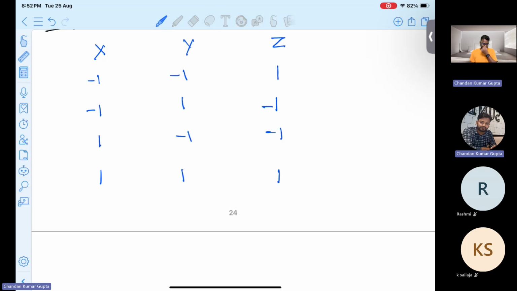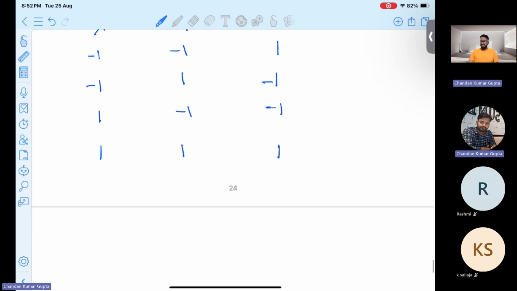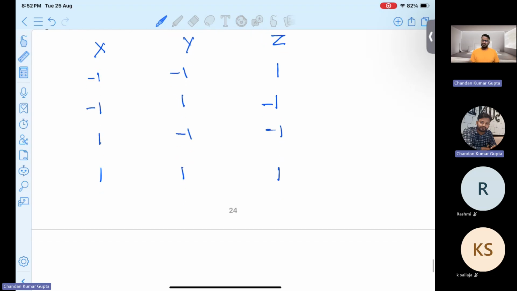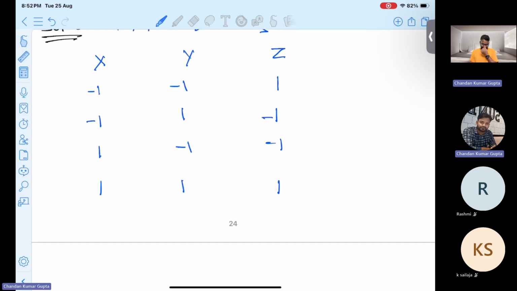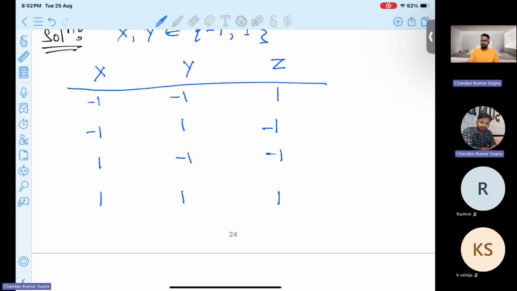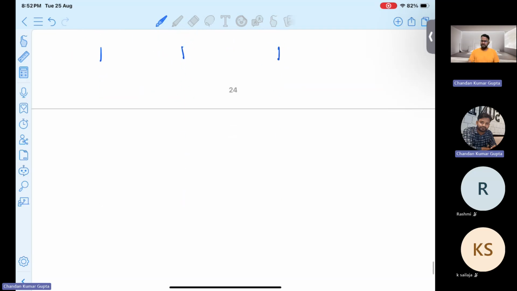Now here we can directly see that the probability of each row comes out to be 1/4, because there are only 4 possible combinations.